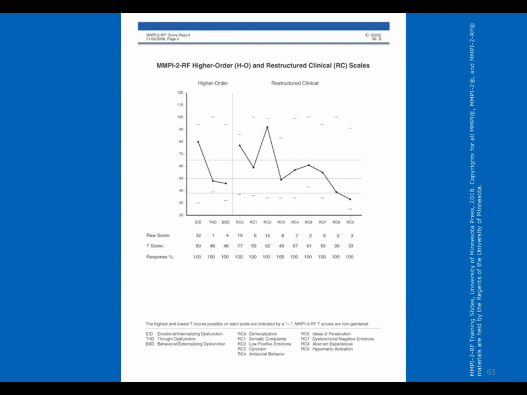In this case, we see that the only interpretable RC scale other than RCD and RC2 is RC9. We see here a low score interpretation for RC9. That, again, is going to be addressed and interpreted after we finish up with the emotional dysfunction domain.